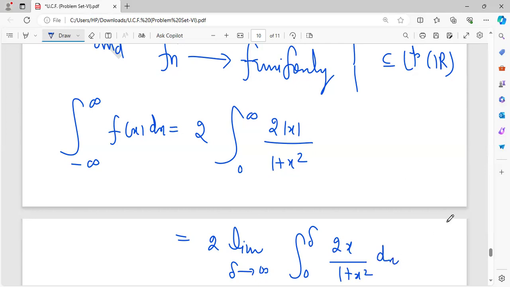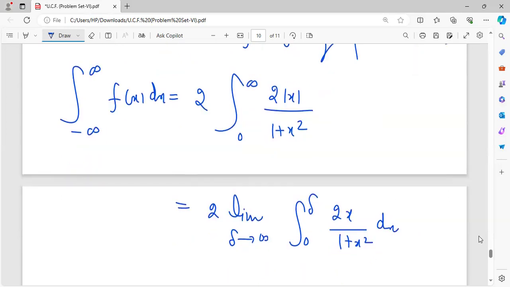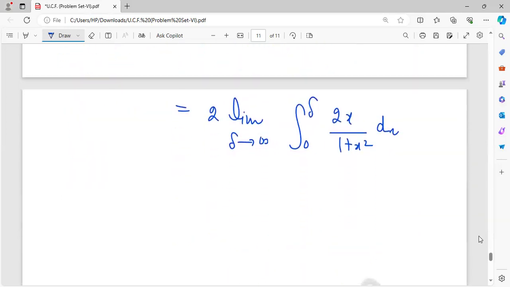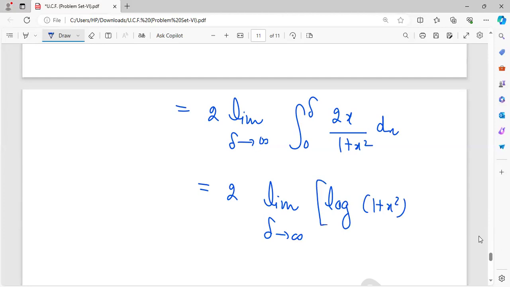This is log. So 2 times limit delta tends to infinity of log(1 plus x square) from 0 to delta. So what is this?